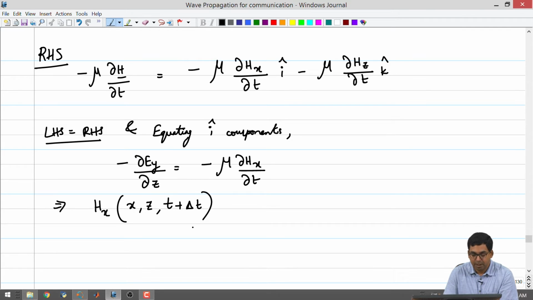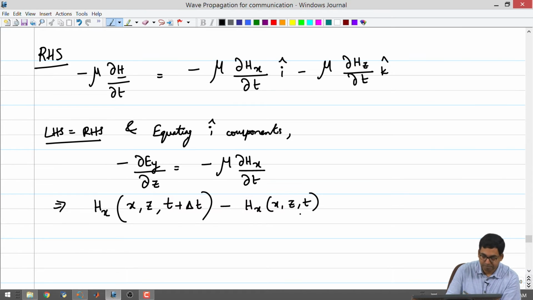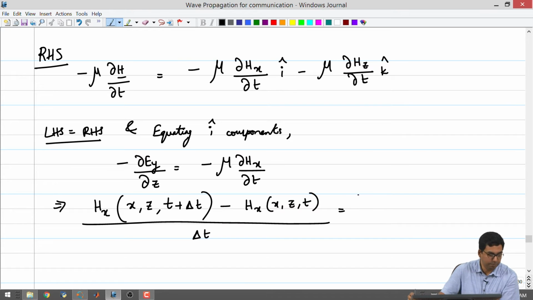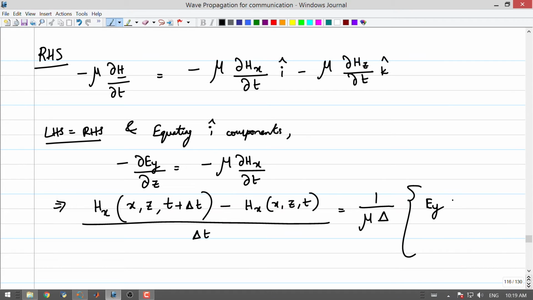Hx of x, z, t plus delta t minus Hx of x, z, t, divided by delta t, can be written as 1 by mu times delta z, but delta z in our simulation is denoted by simply the variable delta, which is going to be equal to delta x or delta z, and then we use a difference for the electric field.